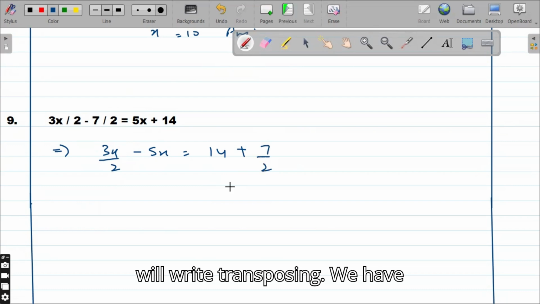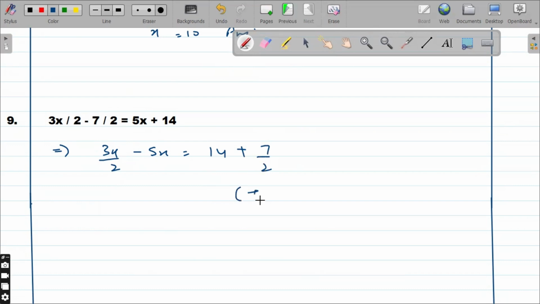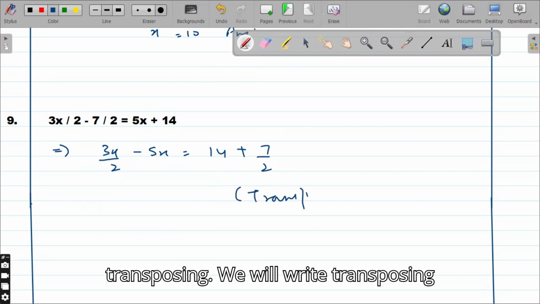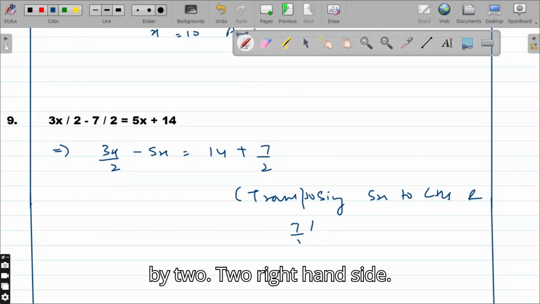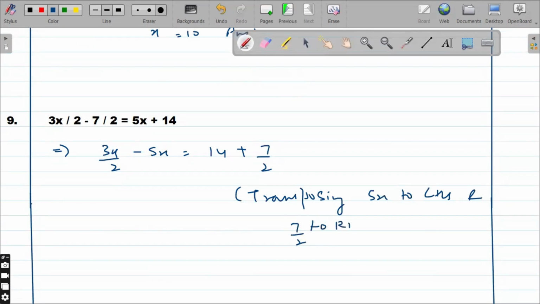We will write transposing 5x to left hand side and 7 by 2 to right hand side.